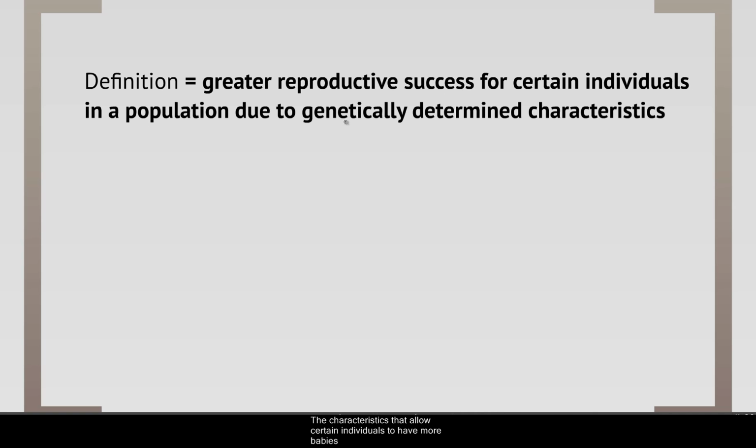So the characteristics that allow certain individuals to have more babies must have some genetic component. Remember, the characteristics or the phenotype are going to have an environmental component and a genetic component. And only those with a genetic component will cause an actual change in gene frequency in the population.